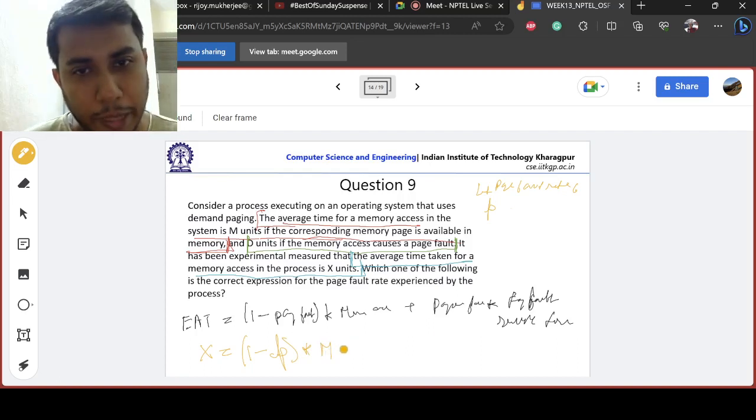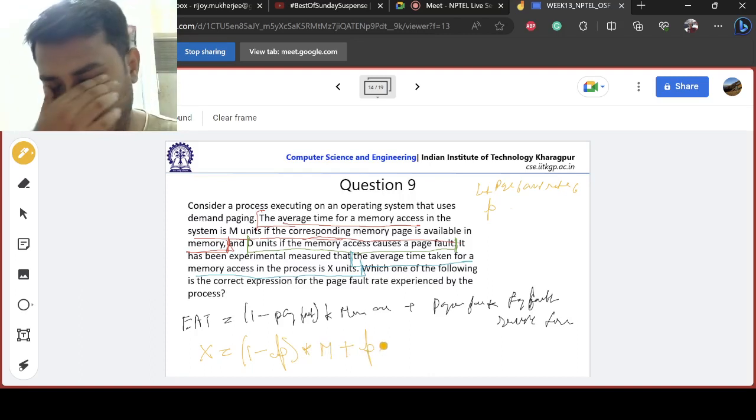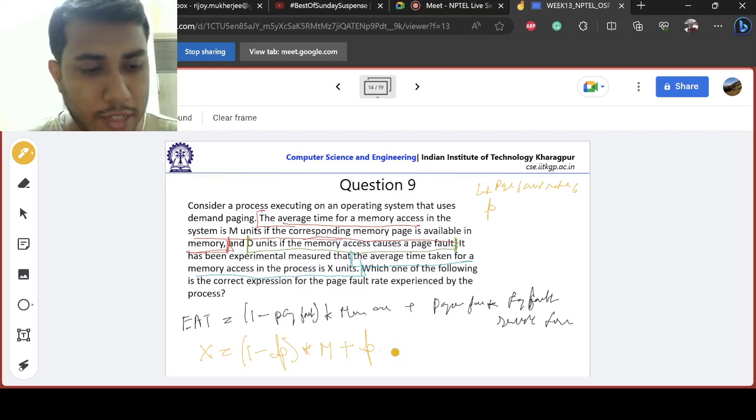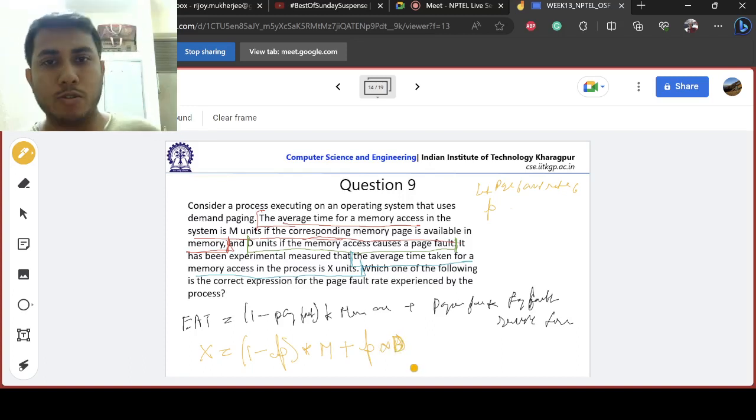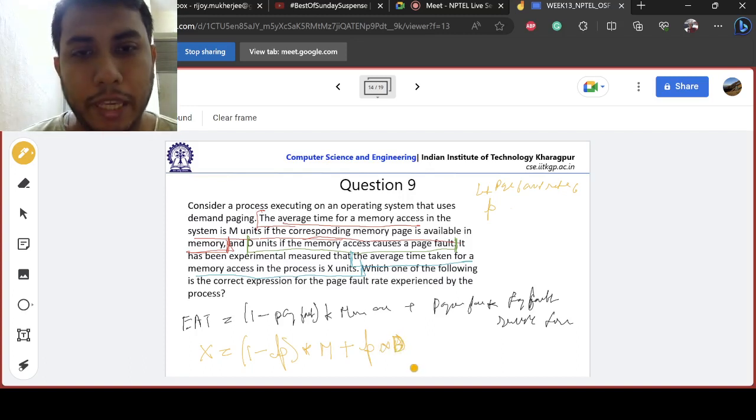If there is a page fault, which has rate p, the memory access time is d. We need to find an expression for p, so we will solve this equation to find the value of p.